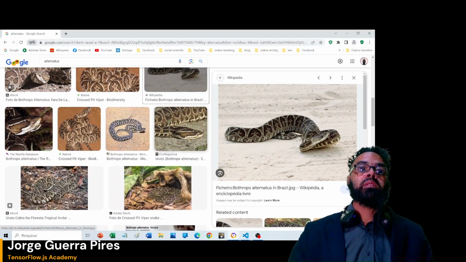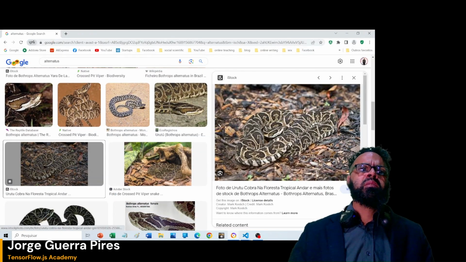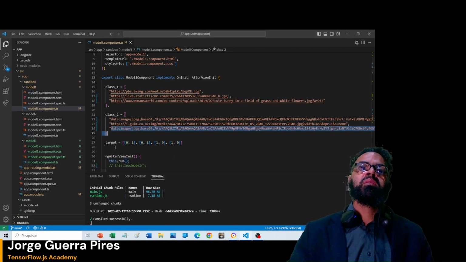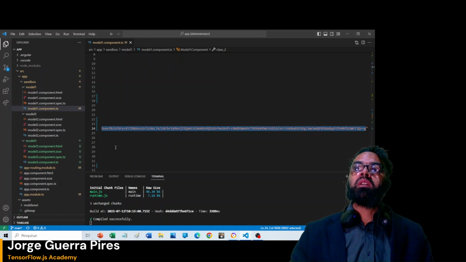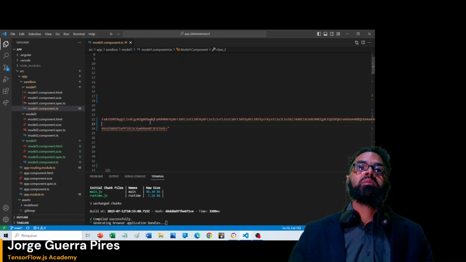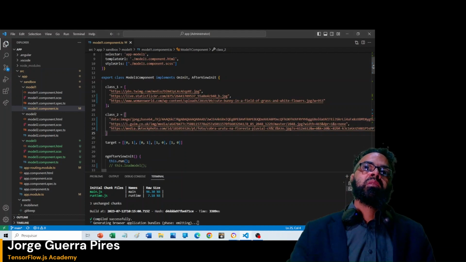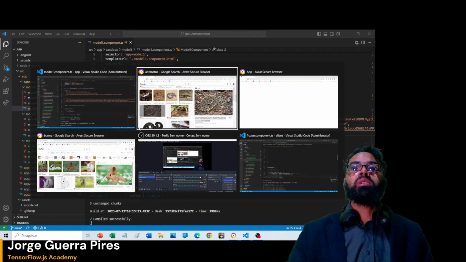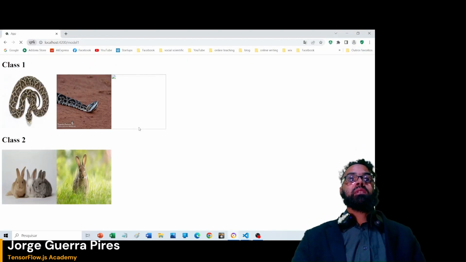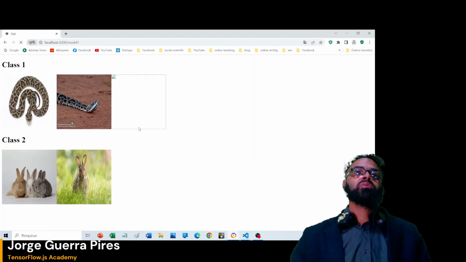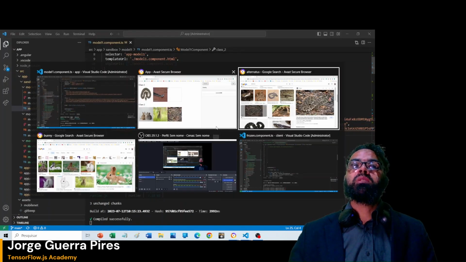Sometimes you have to keep trying to see which image allows you to. Anyway, as I said before, my goal here is to teach you the technique. So you may want to try different images.